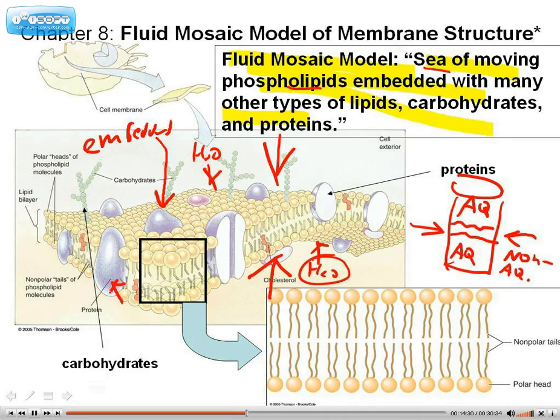The proteins themselves can be types of enzymes where reactions can occur. You can have carbohydrate antennas on the protein, and they're just like real radio antennas. They're used for cell-to-cell communication. So you have various types of lipids, carbohydrates, and proteins that are embedded in the bilayer. Memorize this general definition, be able to give a quick explanation of it, and let's move on.